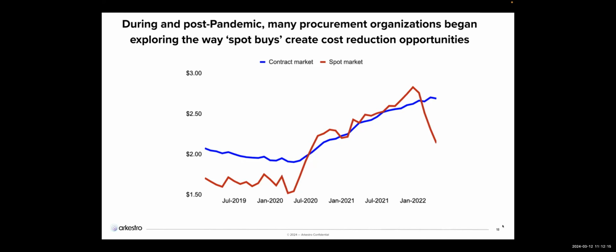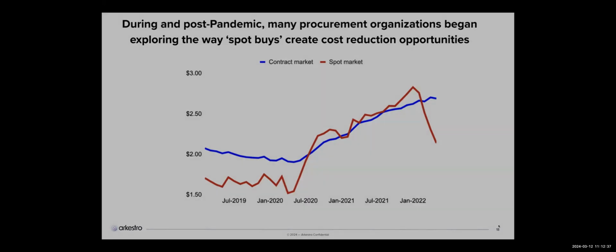And so that's a total paradigm shift from where it was even 10 years ago, where all maverick spend is bad and we want as much of our spend under contract with preferred suppliers as possible. Now people are seeing, wow, I can take advantage of changes in the market if I allocate a certain amount of my spend with forethought to the spot market. Next slide, please.